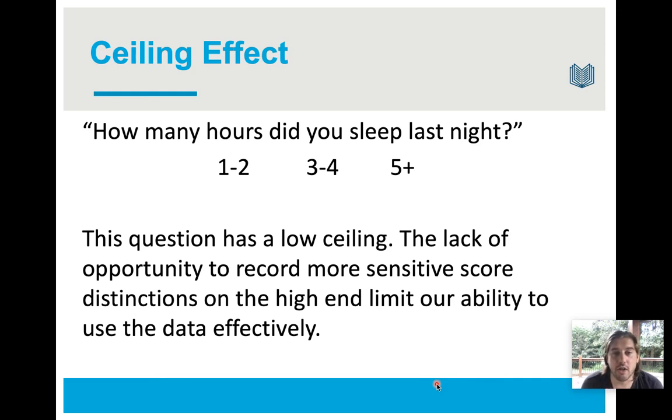This question has a low ceiling because I'm losing the opportunity to record the sensitivity of anyone above 5 hours, right? Anything above 5 hours, I've lowered the ceiling to just 5 plus. Because clearly there are people who are going to sleep 5 to 6, 7 to 8, 9 to 10, right? It's going to happen. Those people exist in the world, but I miss them.